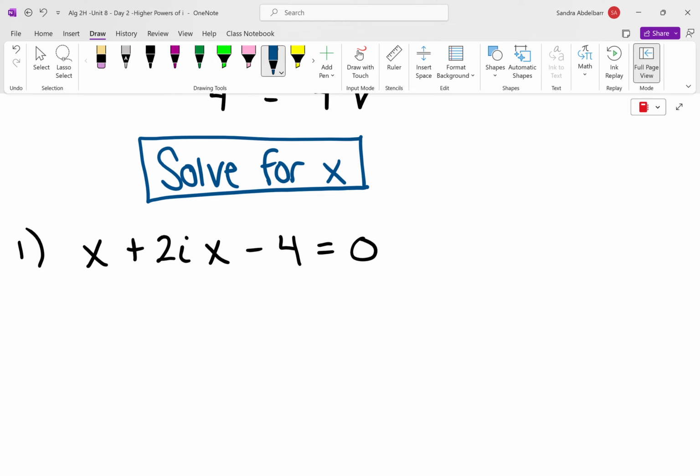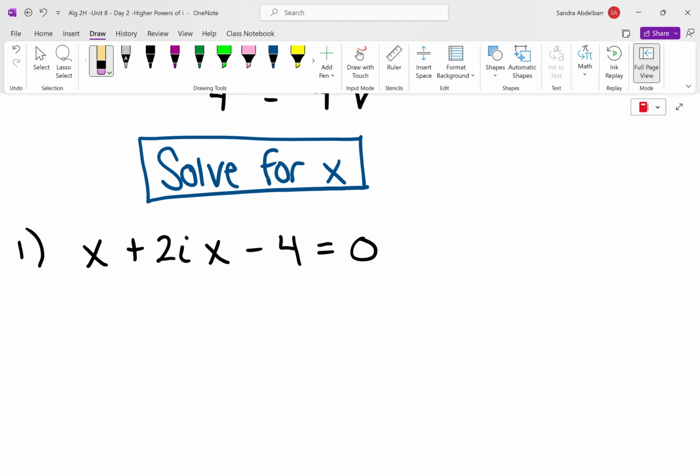There's not one exponent that's double the other exponent. So even though we both have x's here, this is x to the 1st and this is x to the 1st. If this were x to the 1st and this were x to the half, then could we maybe try to treat it like a factoring? Yeah, but is that the scenario? No. For a factoring type of problem, one exponent needs to be double the other. This is not the scenario.